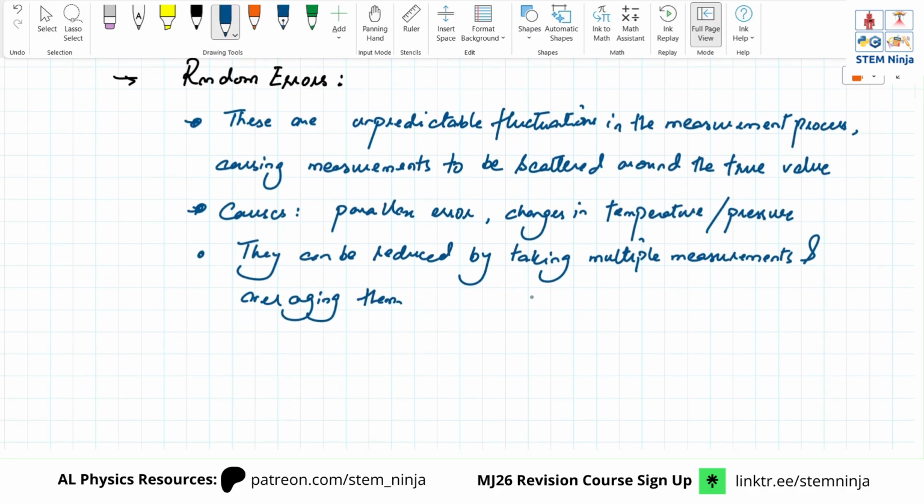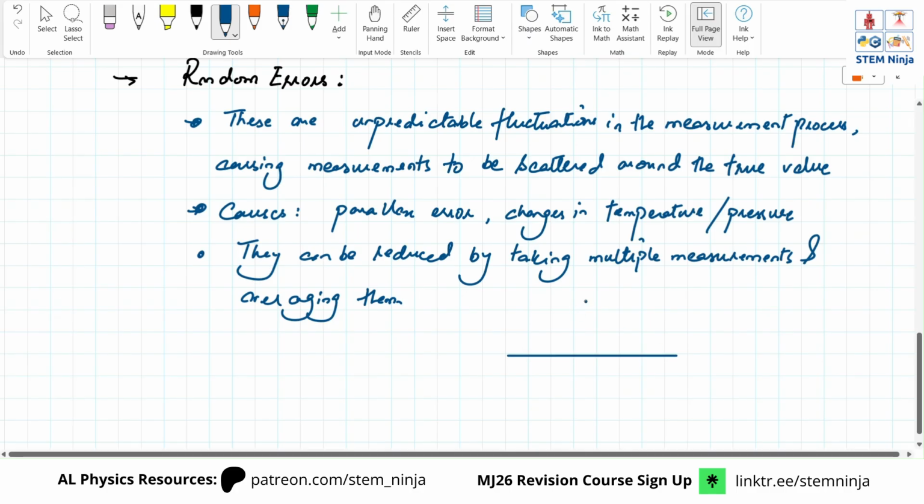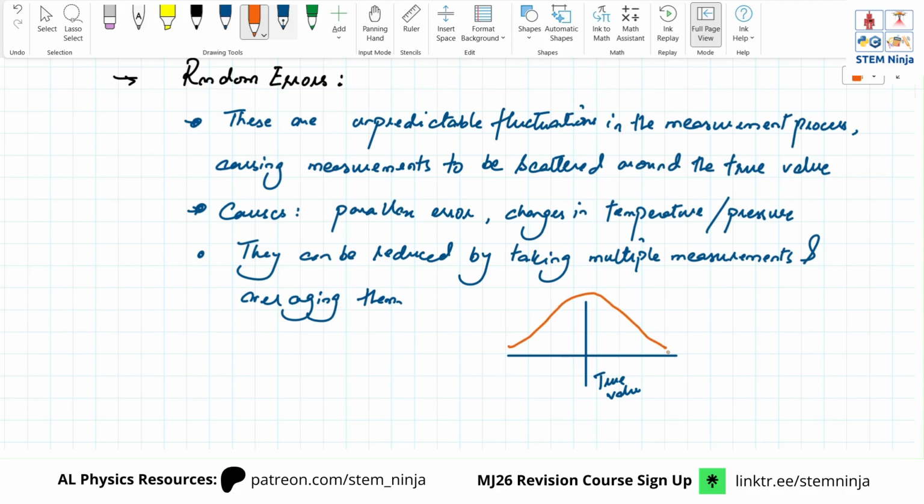Because the readings would be scattered around the mean somewhat like this.